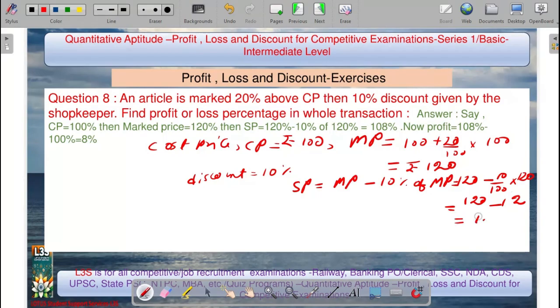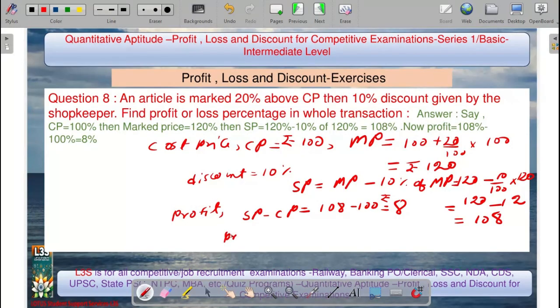That is 108. Now SP minus CP is equal to 108 minus 100, which is equal to rupees 8. That is the profit.